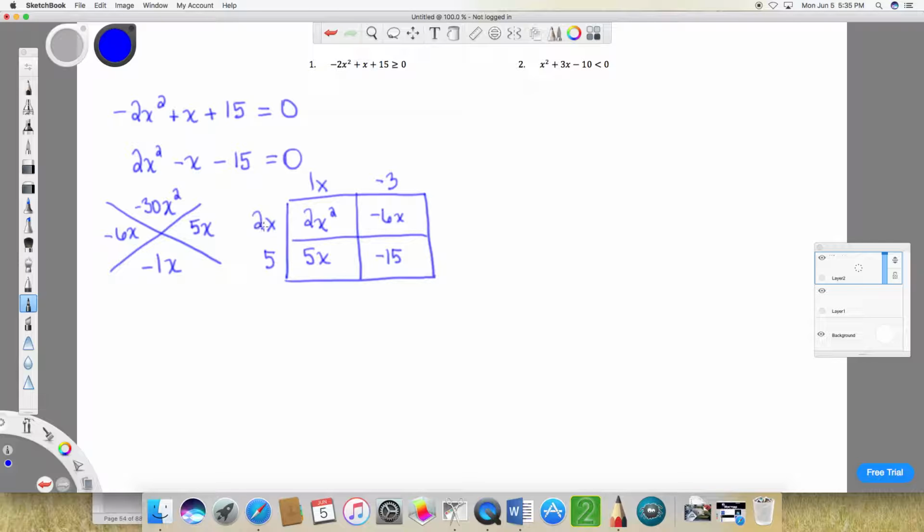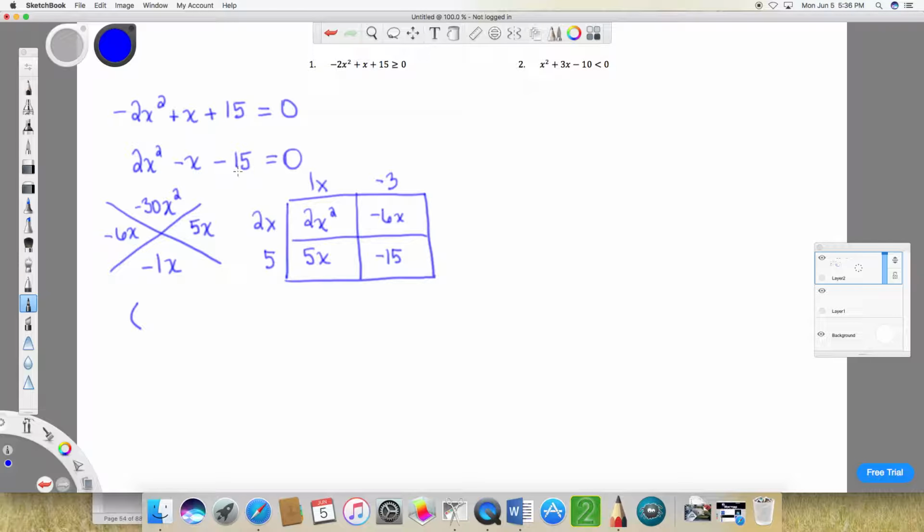So let's take a look. 2x times 1x is 2x squared. 5 times 1x is 5x. 2x times negative 3 is negative 6x. Positive 5 times a negative 3 is negative 15. So everything is looking good so far.